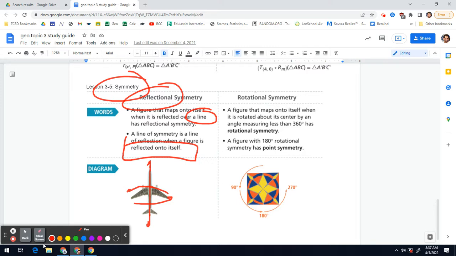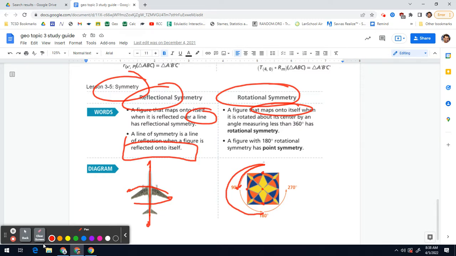Okay. And then you have rotational symmetry, which typically uses the center of the figure, right? And you rotate it about itself, and you want it to land on itself, right? Map onto itself by rotation. So if we take this tip of the point right here, and we rotate it 90 degrees this way, now this tip lands on this tip, and everything turns, and it's good. Now if we go 180 degrees, now this tip comes down here, again, still lands on itself.